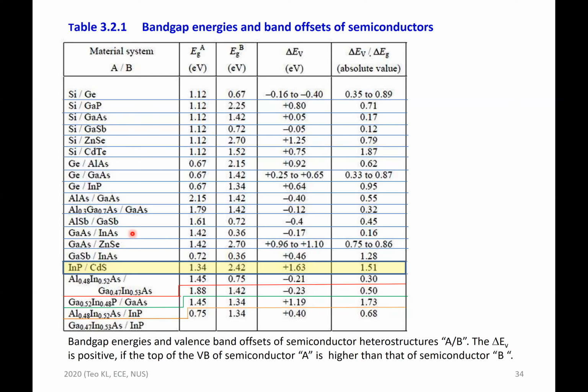In all this material system, it does not tell you whether it's a type 1 or type 2A kind of band alignment. So let us draw the band diagram for the indium phosphide, cadmium sulfide heterostructure.